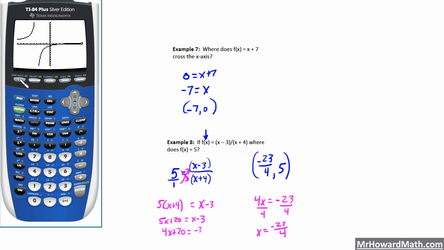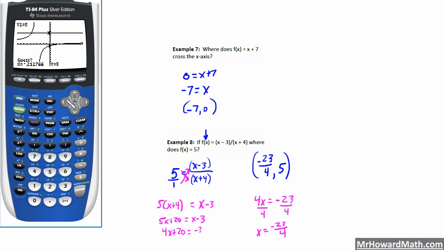Well, the easiest way to do that with our calculator is just to go to y2 and put in 5. So in other words, that's y equals 5. It's going to graph a horizontal line for us right there. So we are looking for this intersection, so we can just go second calc, second trace, go to intersection, and first curve, we can just do enter.